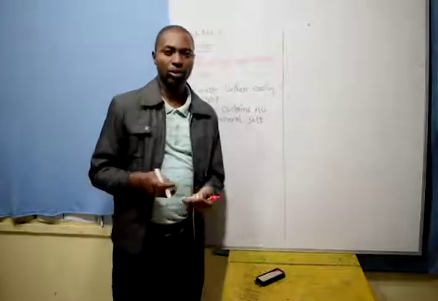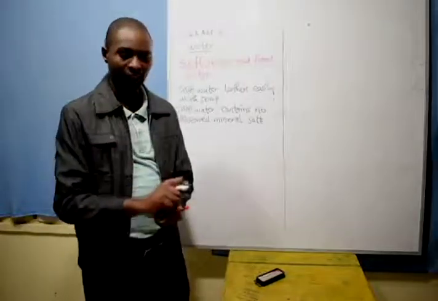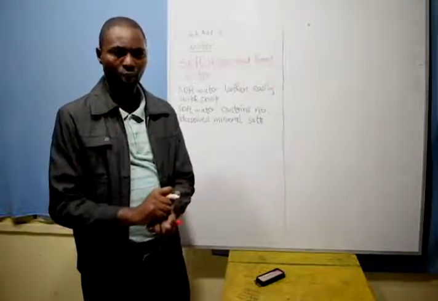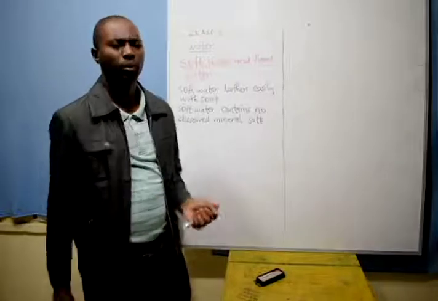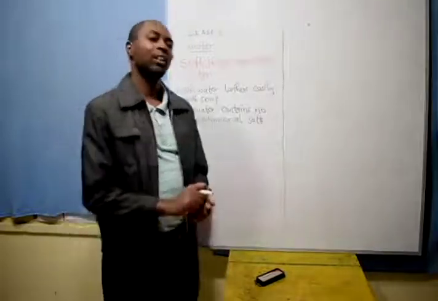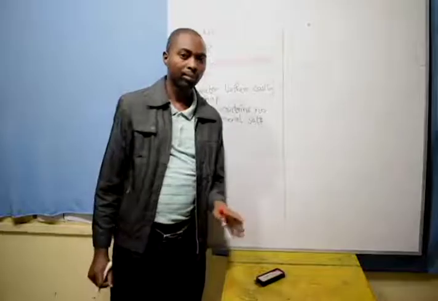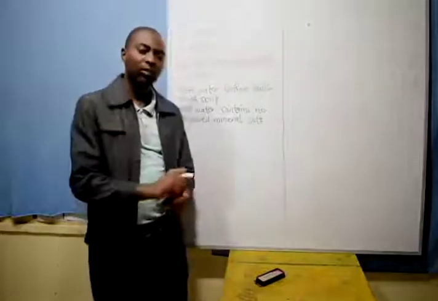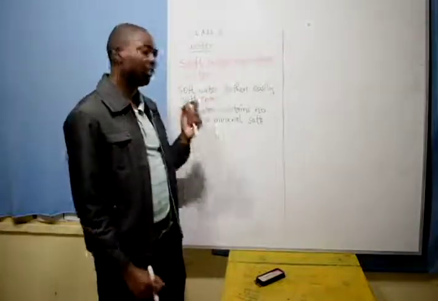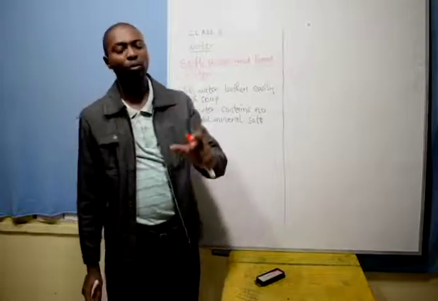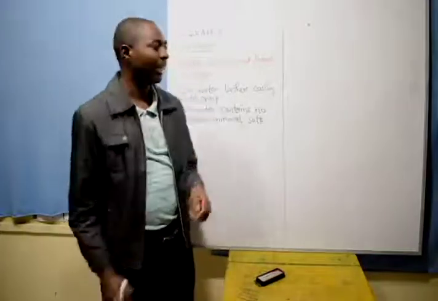Have you washed clothes and you realize that there is water that lathers easily with soap, and there is another one you use too much soap and still you realize that it has not formed foam? Such water that forms foam very easily is said to be soft water. The one that does not form lather easily is said to be hard water.